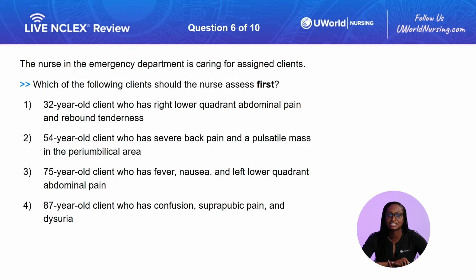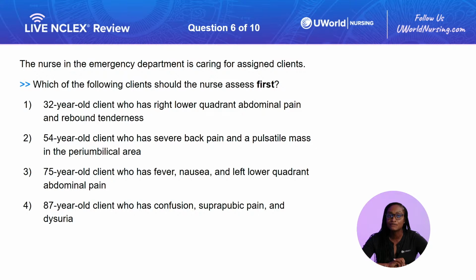Okay, question 6. The nurse in the emergency department is caring for assigned clients. Which of the following clients should the nurse assess first? So think high priorities, think ABCs, airway, breathing, circulation, and then the nursing process. Option 1, a 32-year-old client who has right lower quadrant abdominal pain and rebound tenderness.